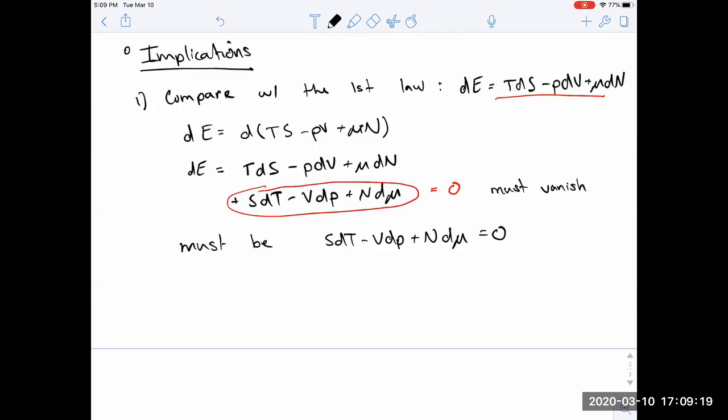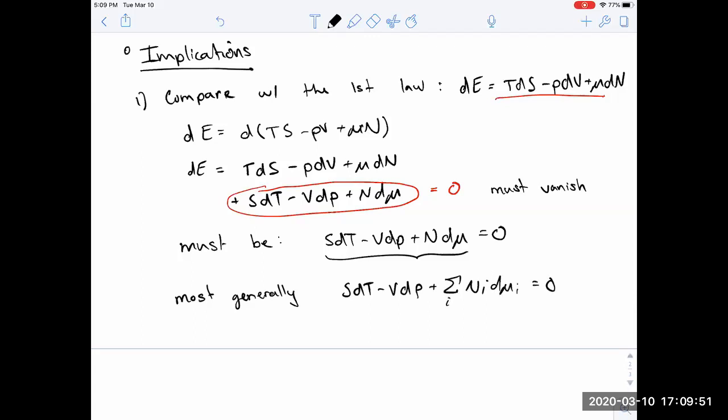That actually gives us a new equation we haven't seen before. This equation here relates changes in temperature to changes in pressure and chemical potential. Most generally, again, if we had multiple species, we could have played the same game and we would have gotten S dT minus V dP plus a sum over different species N d mu, all of that equaling 0.